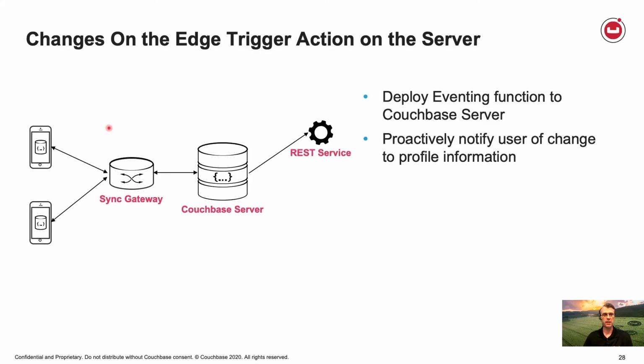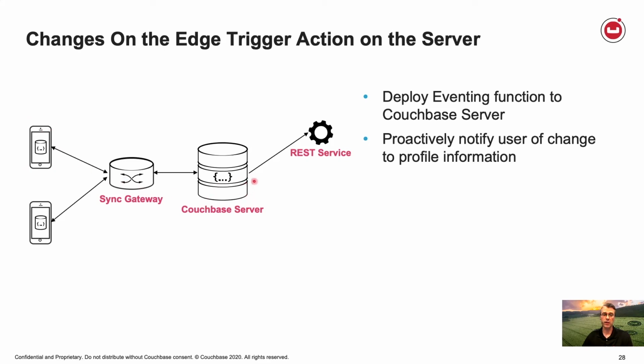So now we've seen the data syncing, and we've seen the ability to be notified when data changes, what we call a live query. Now we want to extend this a little bit out past Couchbase Server, on the server side. So you're changing your user profile here in your mobile app, it's going up through Sync Gateway, being written to Couchbase Server.